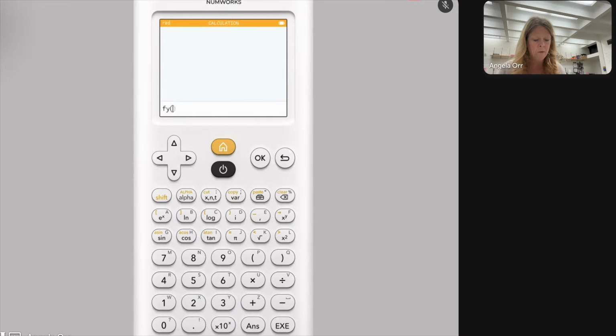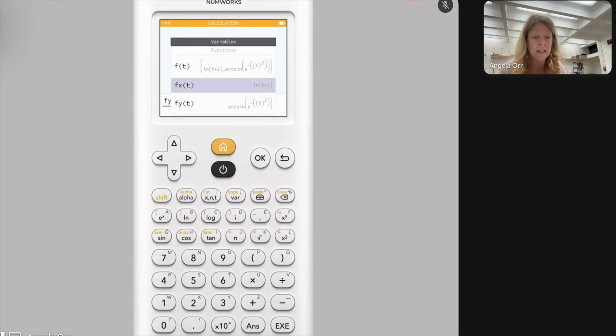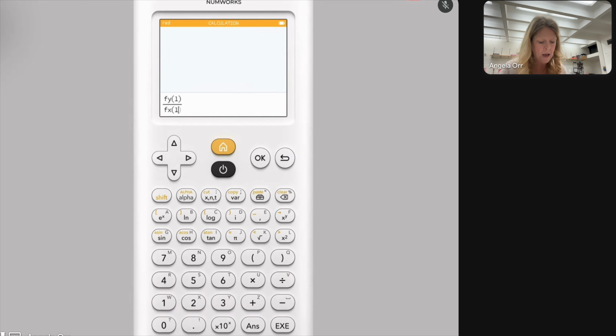I want to evaluate that when time was 1, divided by, vars again, this time grabbing what's stored in the x component of my parametric, which represents the velocity in the x direction, at time equals 1, and hit enter. This gives me the slope of the actual xy path that our object is on. Okay, so that's the answer to that first question.